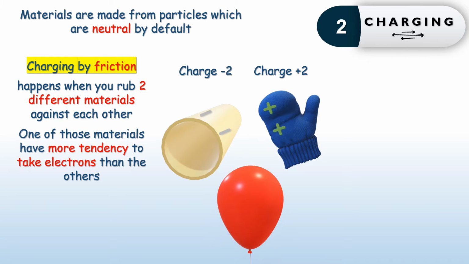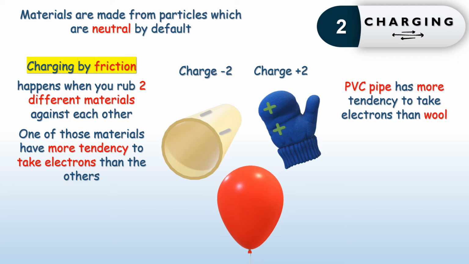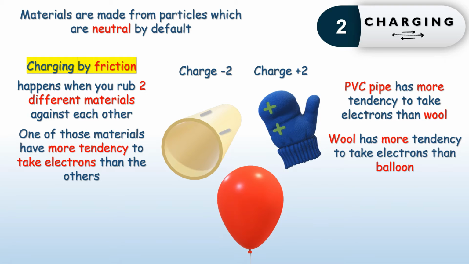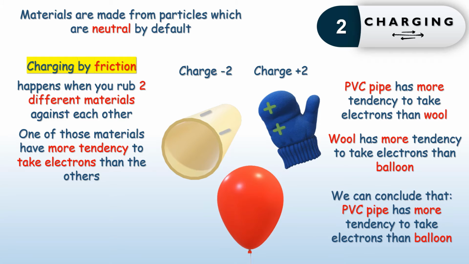Comparing that to the balloon, we can see that the PVC pipe has more tendency to take the electrons than wool. That's why electrons travel from the wool to the pipe, while the wool has more tendency to take electrons than the balloon. From this information, we can conclude that the PVC pipe has more tendency to take electrons than the balloon.